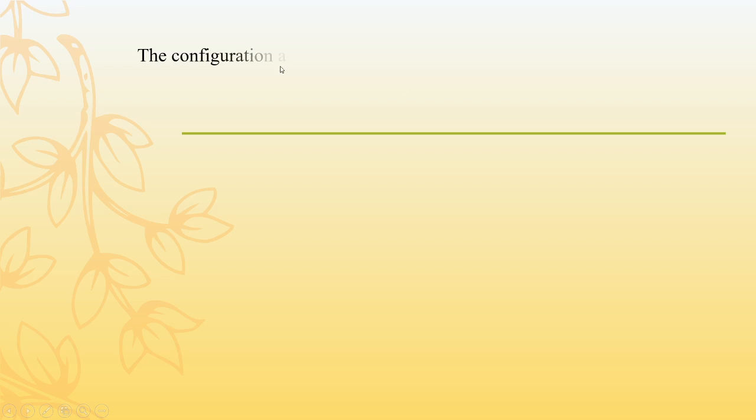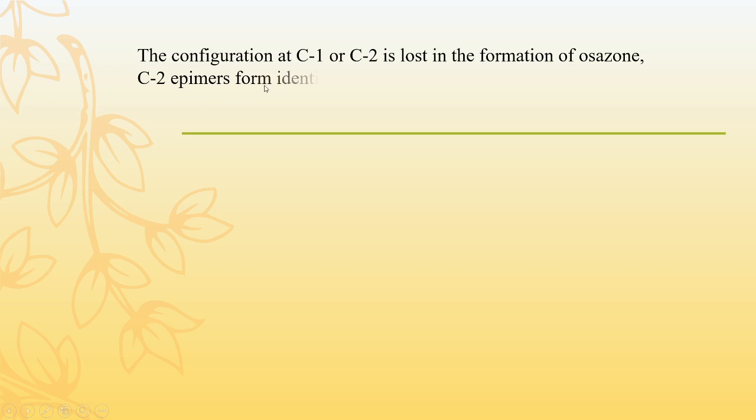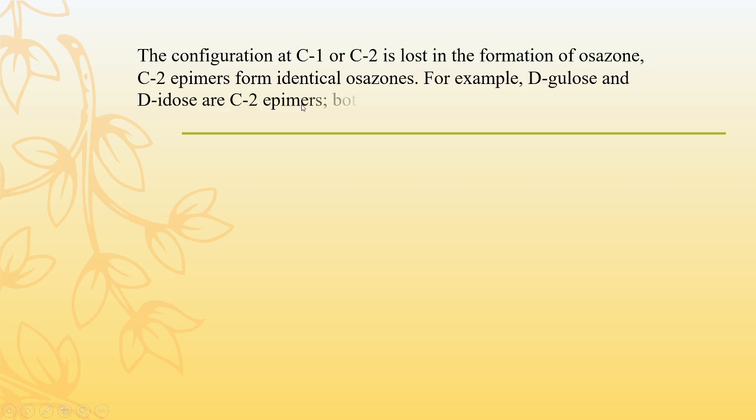So the configuration at C1 and C2 is lost in the formation of osazone. The C2 epimers form identical osazones. For example, D-glucose and D-idose are C2 epimers. Both form the same osazone. That means the configuration at C1 and C2 is lost in the formation of osazone.